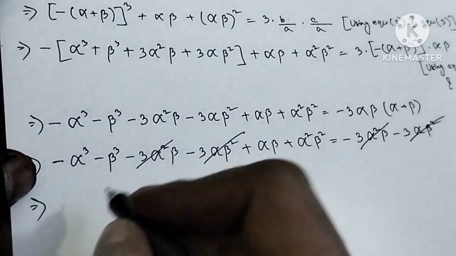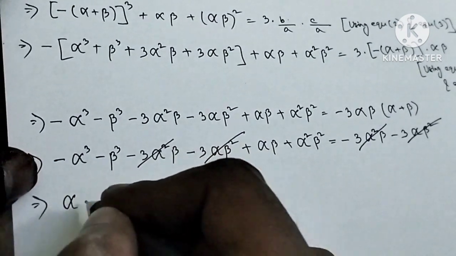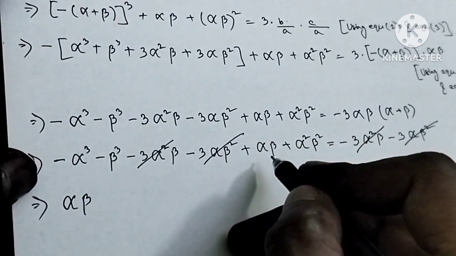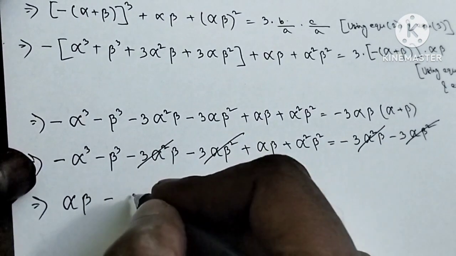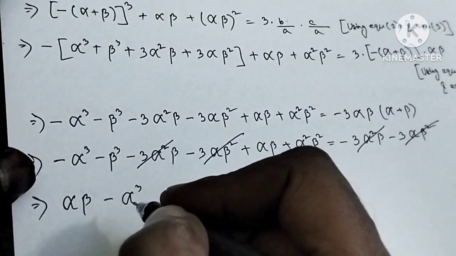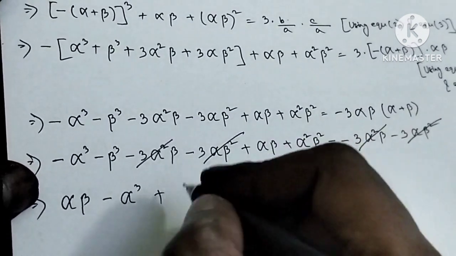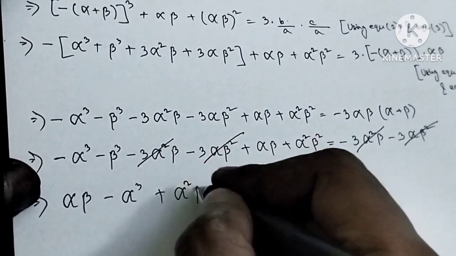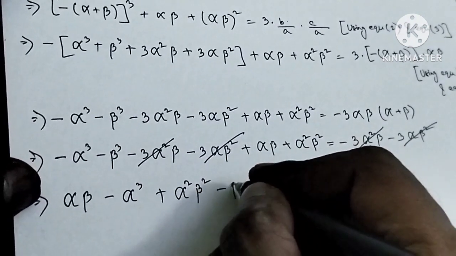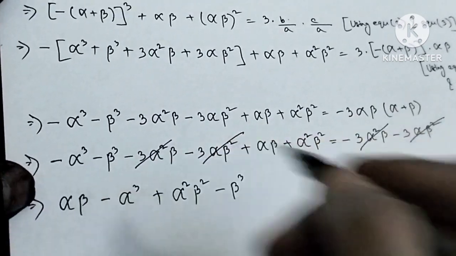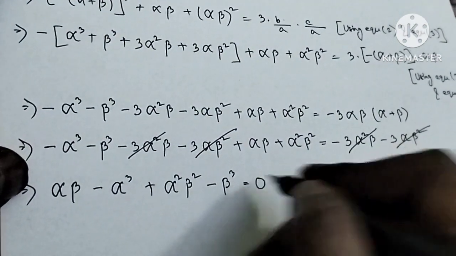We can write this in this way: alpha beta minus alpha cube plus alpha square beta square minus beta cube is equal to 0.